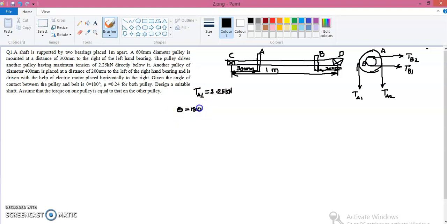Theta is 180 degree, that is equal to pi radian. Then the coefficient of friction mu is given as mu equal to 0.24.